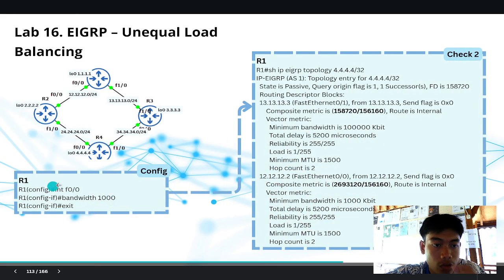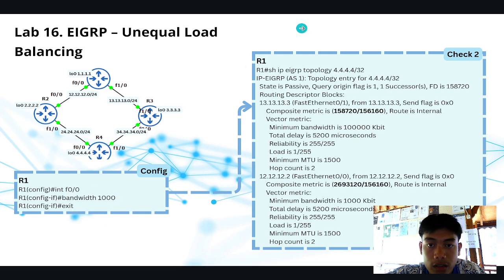This is router 1 with the bandwidth changed on the exit interface. On router 1, you can check show ip eigrp topology 4.4.4.4/32. This shows total delay 5200 microseconds and the composite metric, the minimum.